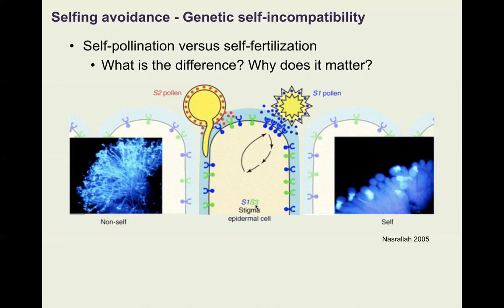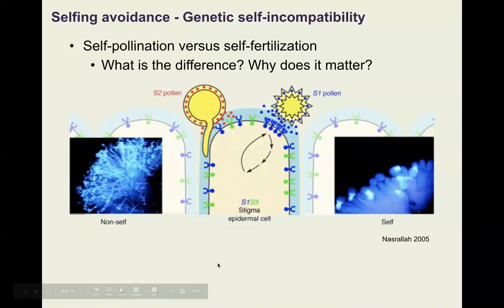This other pollen grain comes from an individual that is S1, and so S1 being the same as this S1 allele on the female, they recognize each other, and this is actually prevented from fertilizing. So here's the case where pollination is not going to lead to fertilization. This is showing pollen grains that are basically arrested at the stigma. We don't see the pollen tubes growing, and they're just stuck in place. So those individuals would be prevented from fertilizing.